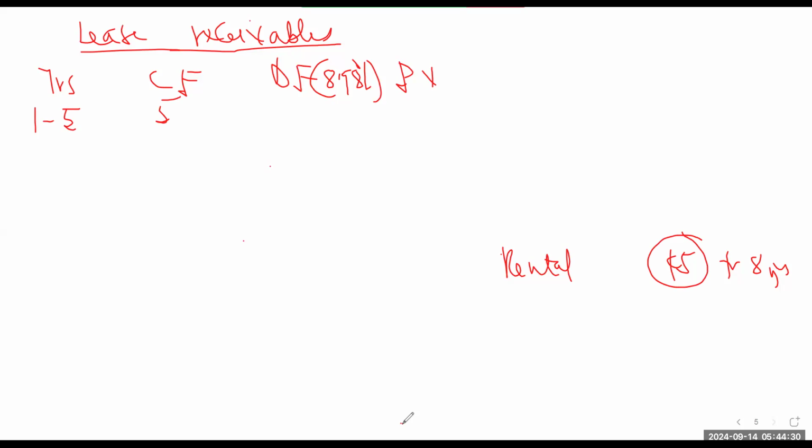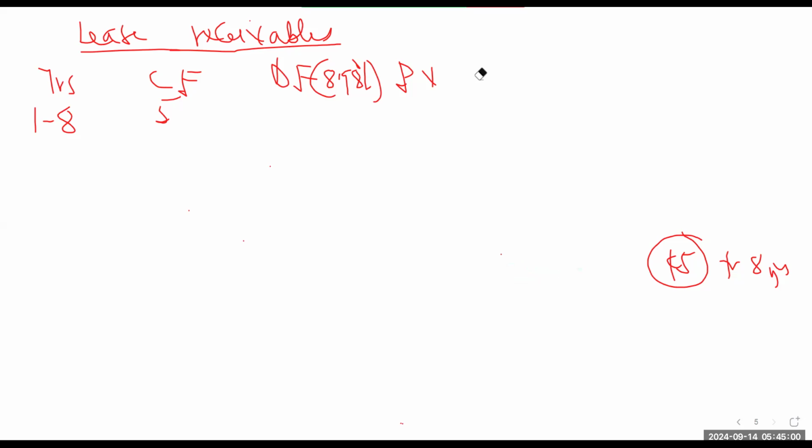Whenever you pay an equal amount at a particular interval for a particular period, we call that an annuity. Even if you are paying at the end of every month, since it's an equal amount, it will be called an annuity. So we have 1 to 8. You are going to be paying the rentals for 8 years, 5 million at the end of every year for 8 years. That is an annuity, so we use the annuity factor.